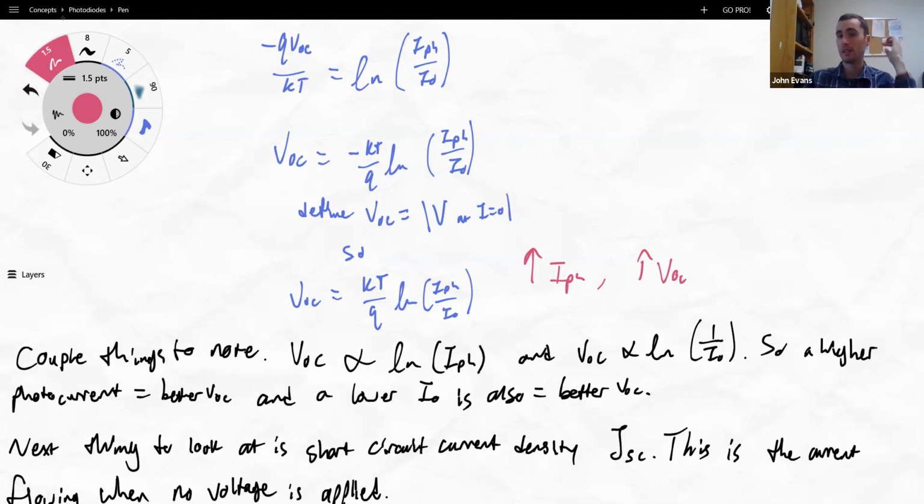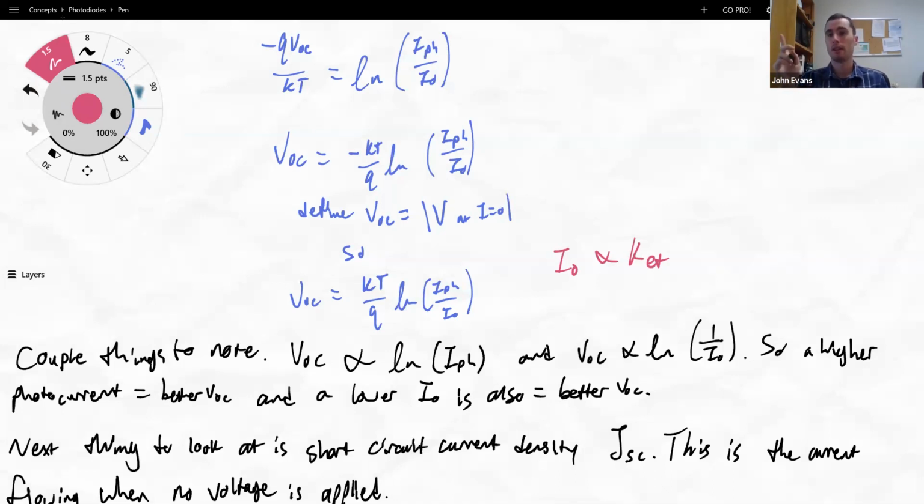It's also inversely proportional to the dark saturation current, or that I naught term. So the I naught term, remember, is dependent on the charge transfer coefficient for the electrons across the interface.